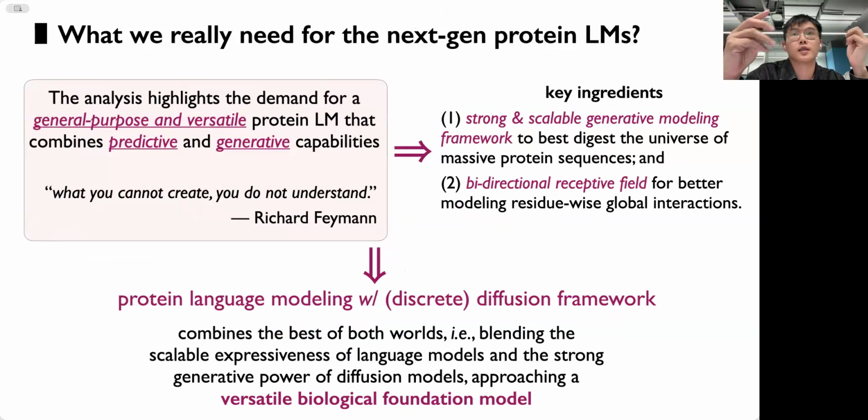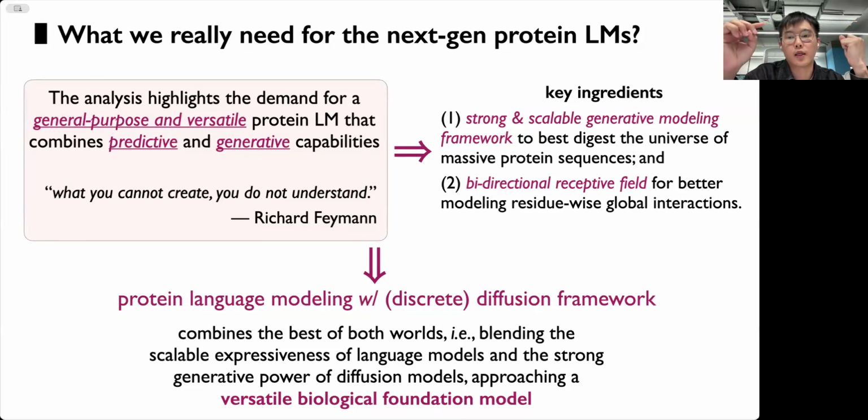The first one is a very strong and scalable generative modeling. You need to make the protein language model a generative one, rather than a non-generative one, for example, BERT. In such a way, you can best digest the universe of massive protein sequence data.